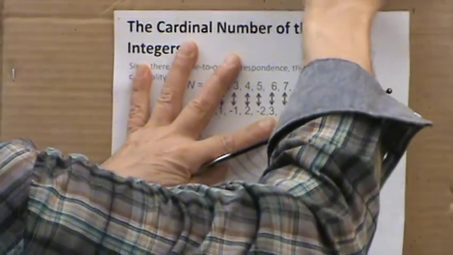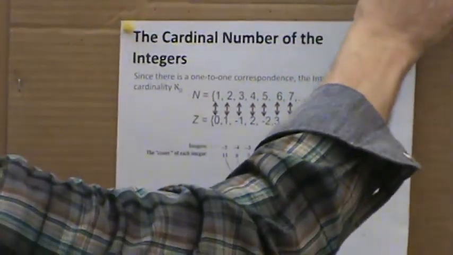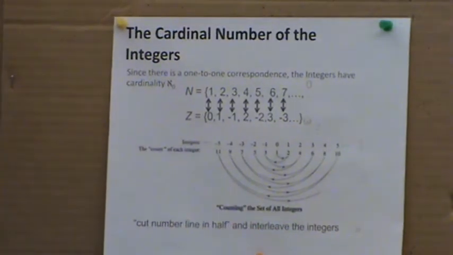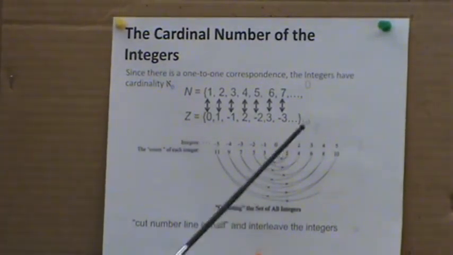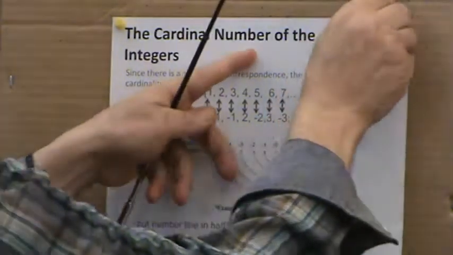Okay, now let's go to cardinal numbers. Again, the same thing as I already covered, but this time I'm going back and forth through a circle, and hopefully you will see it nicely.